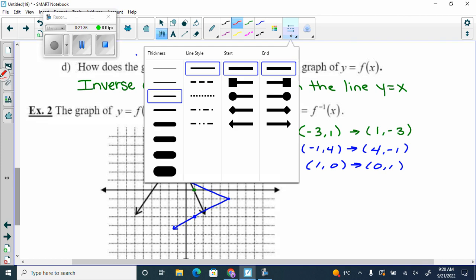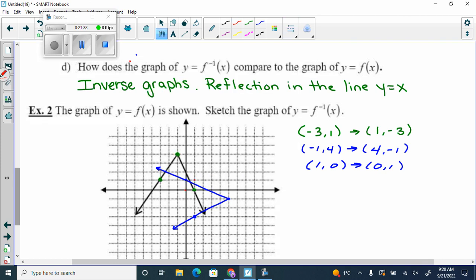Now the identity line, or the line y equals x, which it reflects in, is right here. And where do they intersect? On it.